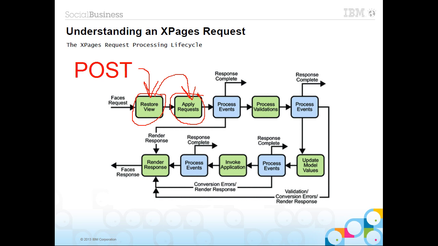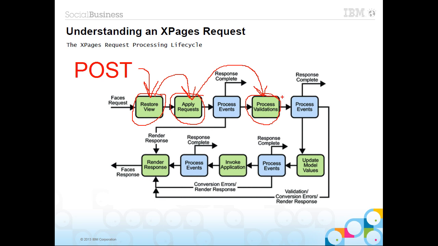So essentially, it's taking the submitted value from each of the edit boxes, and each edit box has its own instance of its component within the component tree. That submitted value is then applied to the component's temporary value, its submitted value. That process completes, and then the runtime proceeds into the next phase of the lifecycle, the process validations phase.